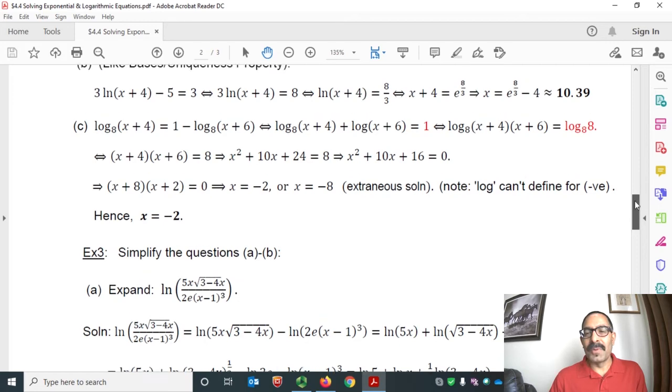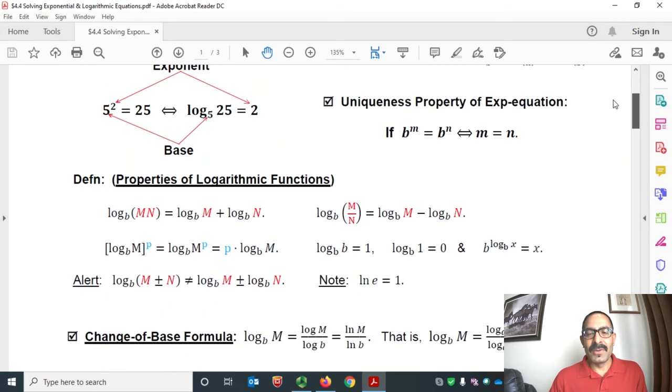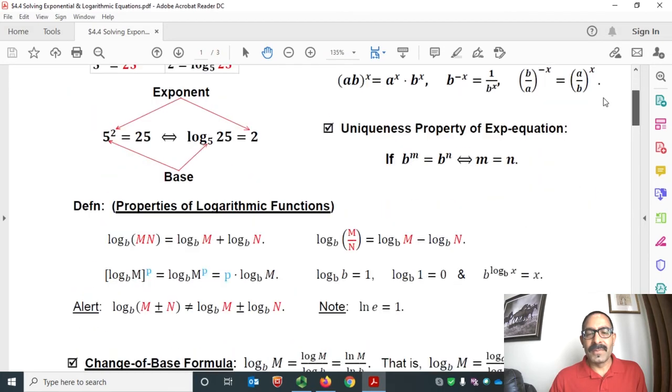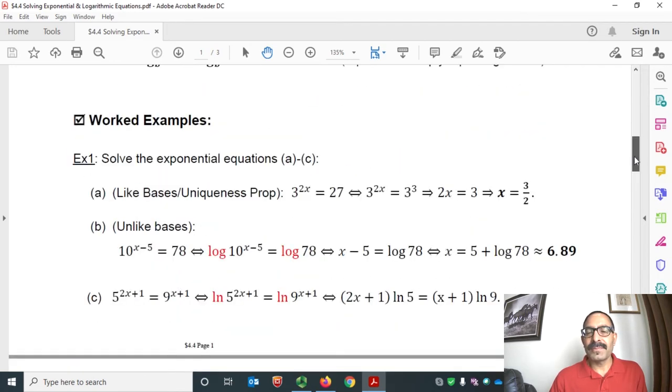Let me show you the property I used here. Log b with base b turns out to be 1, and the log of a product gives me the sum of the logs. I used these two properties. Let me scroll down.